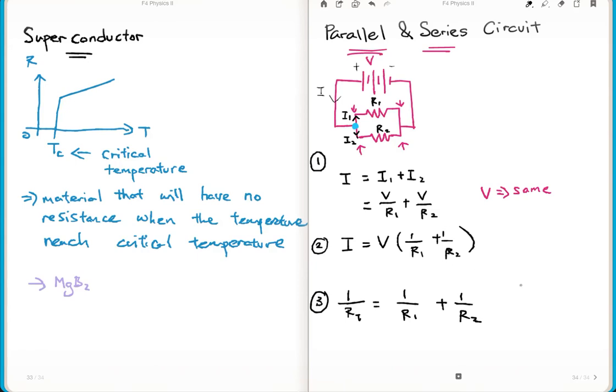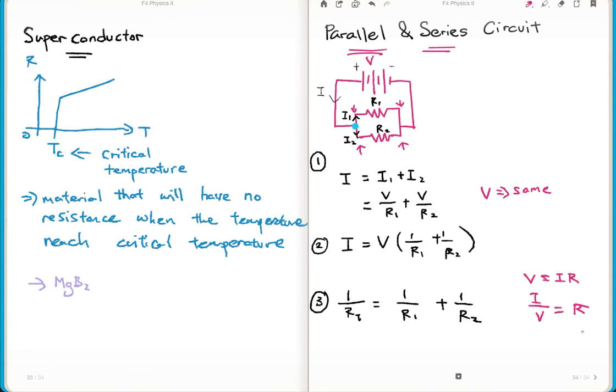How is that so? Because previously, from Ohm's law, V equals IR. So if you bring this down, V over I, or I over V, therefore it's actually equal to R.